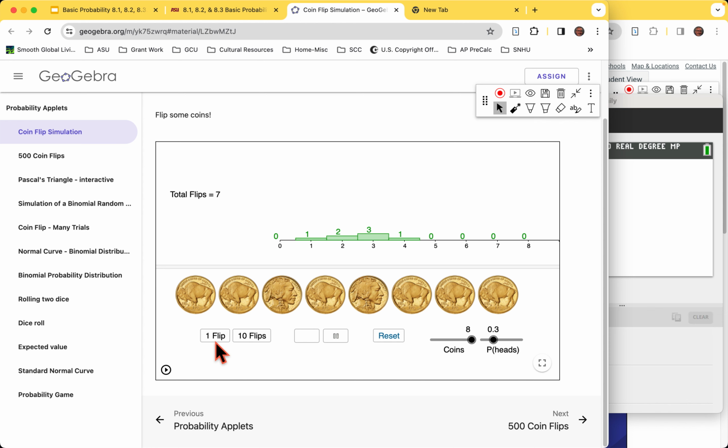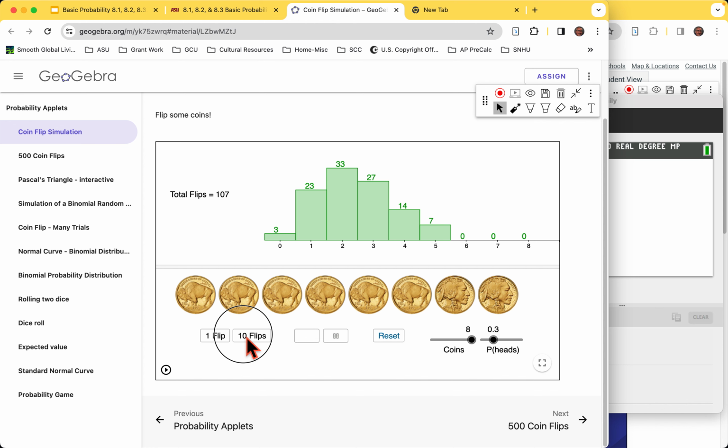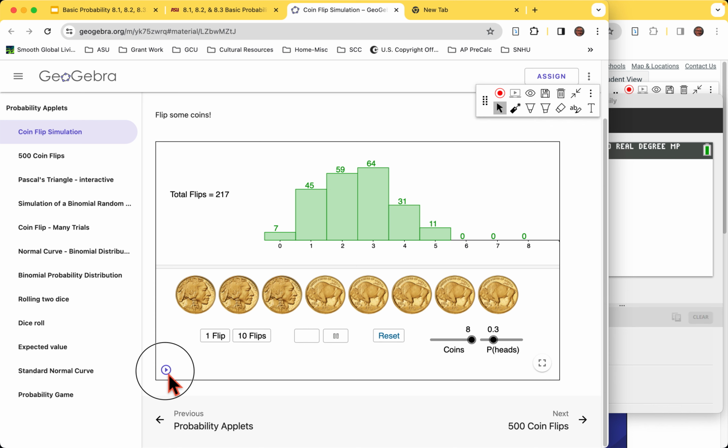So there's this randomness part of probability. And again, we can go for 10 flips, and we see that right around 1 to 2, 1.6 is actually the average. That's what we're getting the most of. But even at a 20% chance of getting a head versus a tails, we still can get down the road.